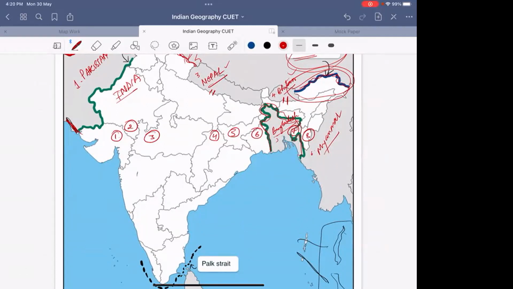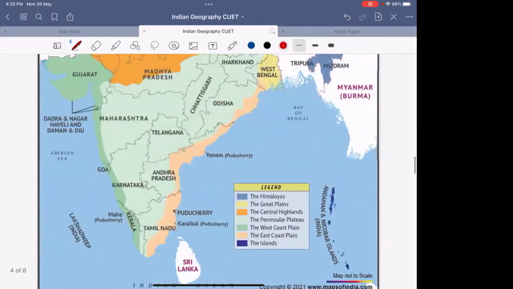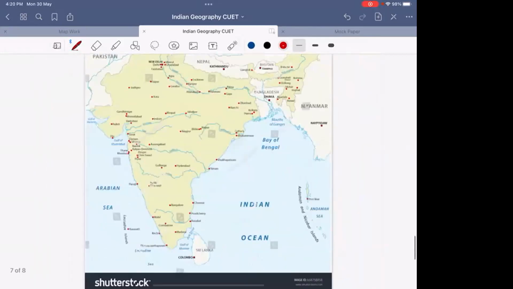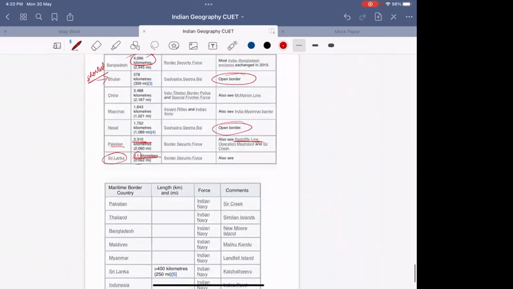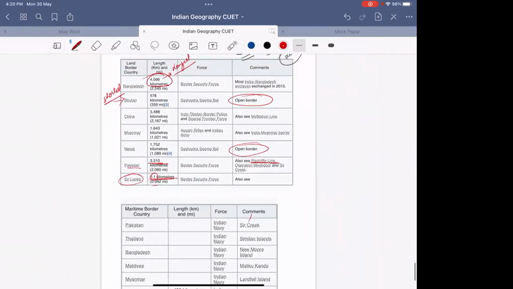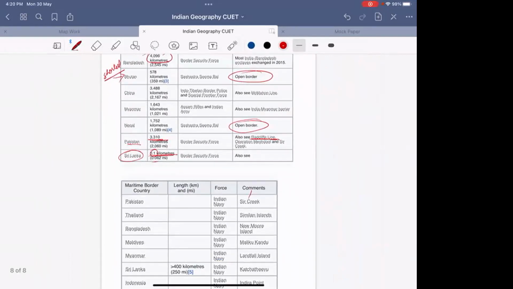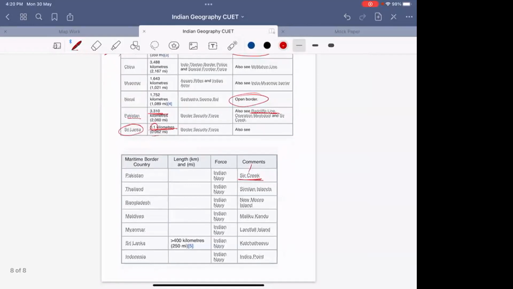On land it is divided by the Radcliffe line, and they also share a water body, and the water body that divides India and Pakistan is Sir Creek. This is the name of a water body, called Sir Creek. It is the line that divides the maritime border between Pakistan and India.